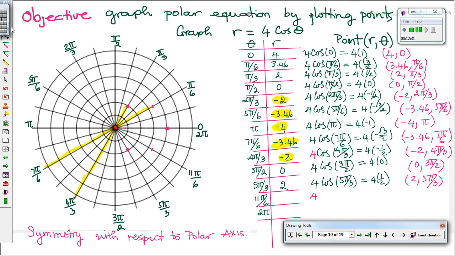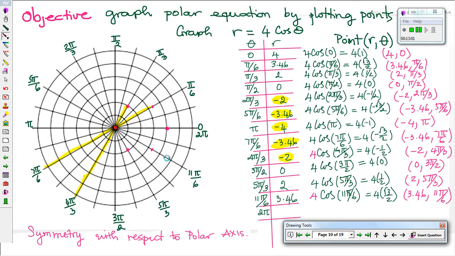And the next point will be 11 pi over 6, so 4 times cosine of 11 pi over 6. So we have 4 times square root of 3 over 2. So that will be 3.46. So let me write down the point now. My r is 3.46 and the angle is 11 pi over 6.